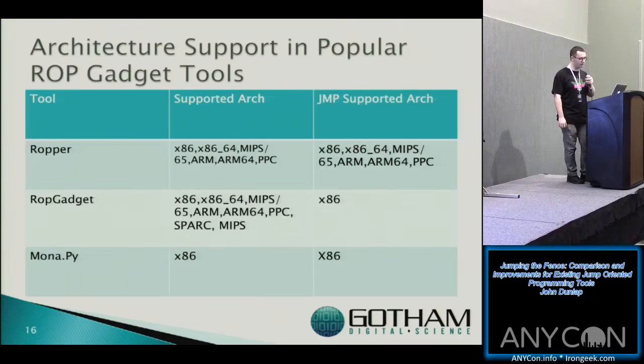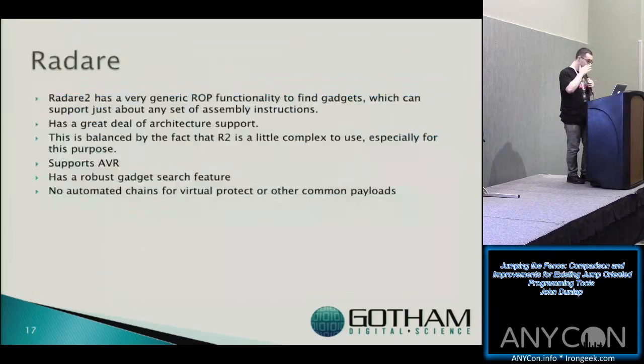Some of the reason for that is that all this relies on Capstone support and understanding of how to use the Capstone library correctly, which not everyone does, or it's pretty complicated. Sadly, probably the best tool on this list, Mono.py, only supports x86, not even 64-bit binaries, which sucks. And then there's Radare, which supports everything, but has its own issues we'll get into in a moment. It even supports AVR, which I think is really cool.